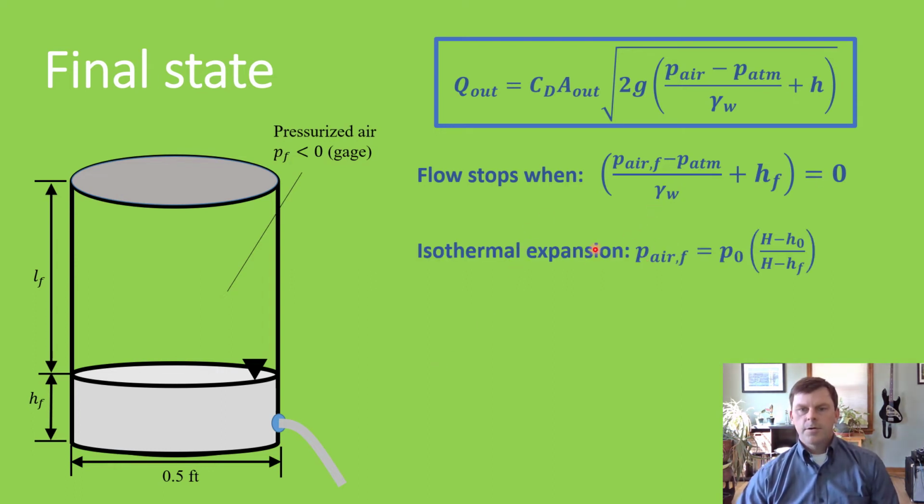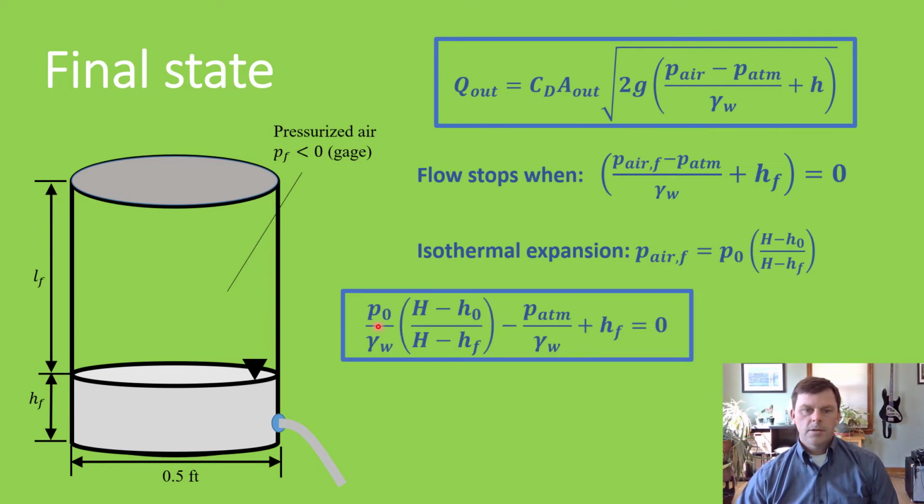We had our isothermal expansion equation where the final air pressure is equal to the initial times the ratio of the volumes. That gets inserted into this equation here, so we take this air pressure and put it into here. And if you rearrange that equation or just plug it in, you basically get this one here.